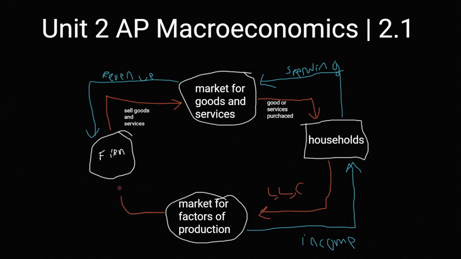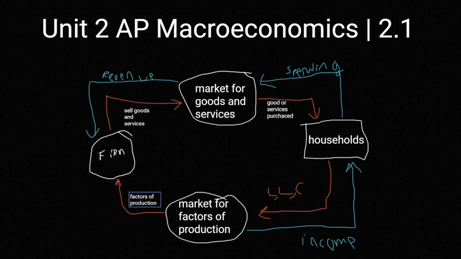And then we put our factors of production, again like the land, labor, and capital, into the big corporation. And so now they get stuff to be able to create these goods and services.